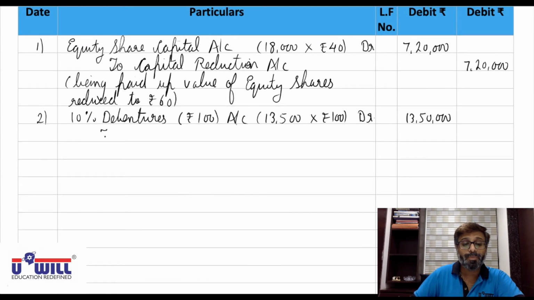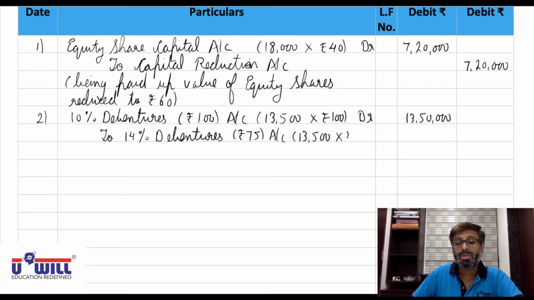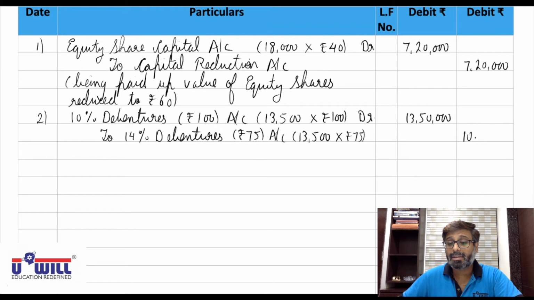To 14% debentures account. Okay, new rate of interest is 14%. In bracket new face value rupees 75 account. So amount 13,500 into 75. Okay, 13,500 into 75, that is 10,12,500.